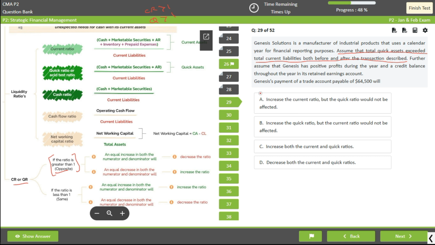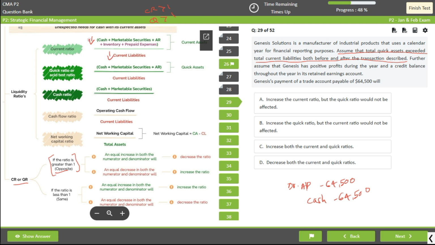So Genesis payment of trade accounts payable of 64,500. When you are paying trade accounts payable, you are going to debit your accounts payable by 64,500 and credit your cash by 64,500. This means you are decreasing your cash as well as your current liabilities.